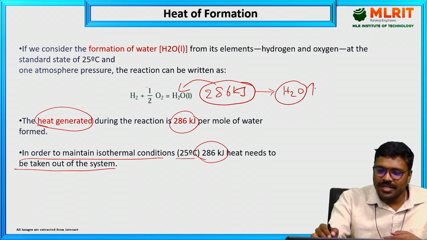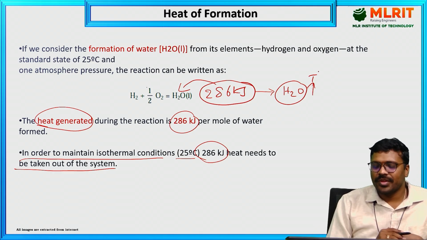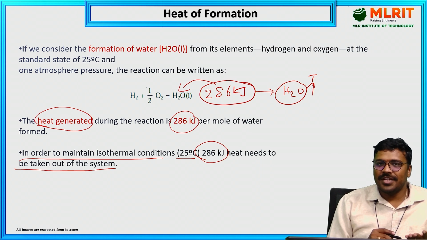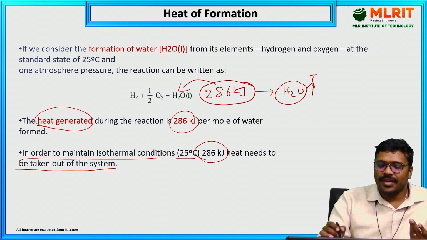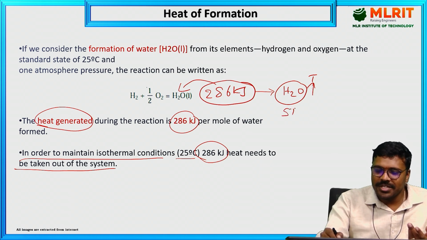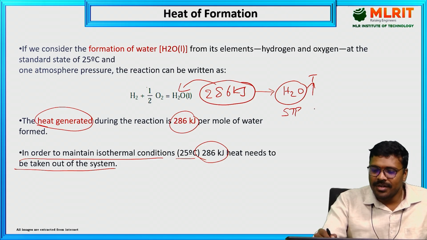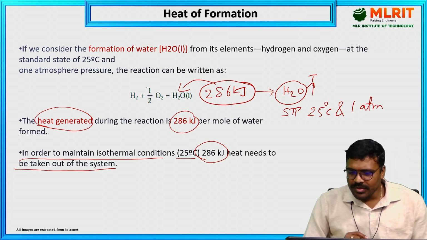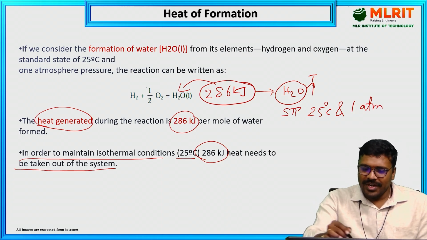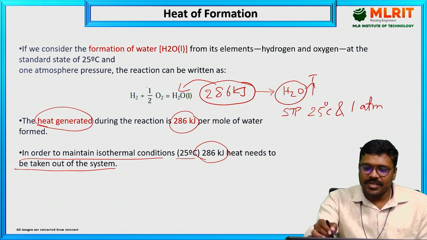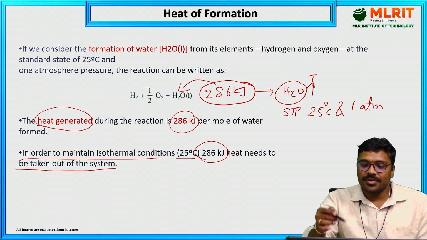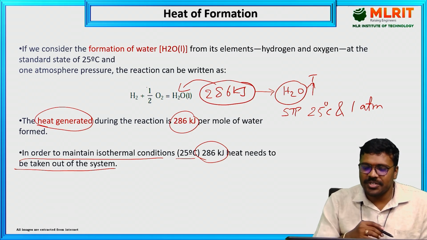The temperature will increase. But what is our condition according to heat of formation? The H2O should be at STP condition. What is the STP condition? 25 degrees centigrade and 1 atmosphere. So, here this 286 kilojoules increases the temperature. In order to stop increasing the temperature of H2O, what do we have to do?